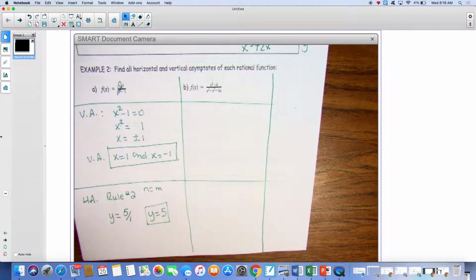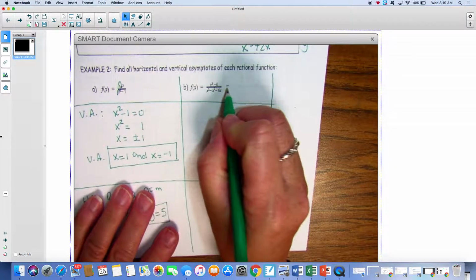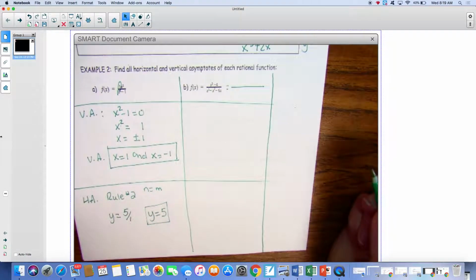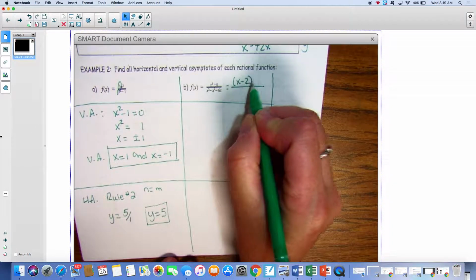All right, first thing you should do, and I should have talked about that over here at A, I didn't, is do some factoring first. So like in example B, x squared minus 4, what does it factor to? It's the difference of perfect squares.